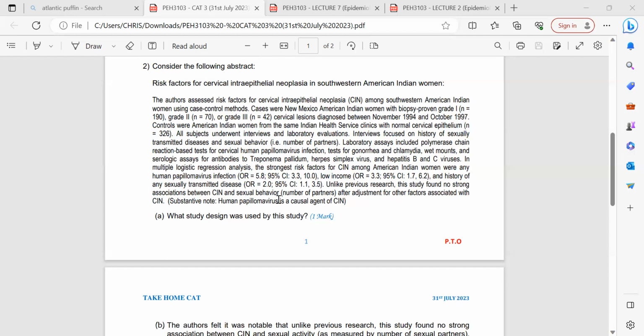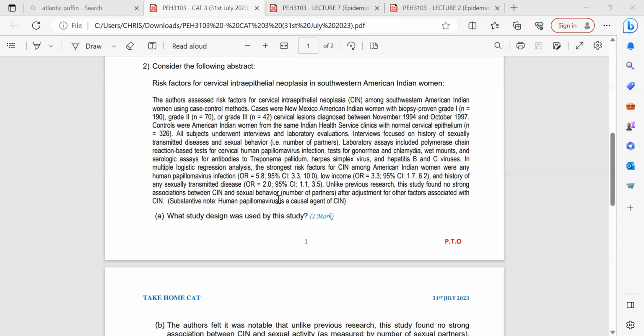You see, up there, the study, cervical lesion diagnosed between November 1994 and October 1997. And then sometimes again, the second study was not done immediately.